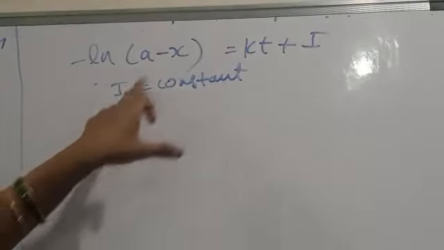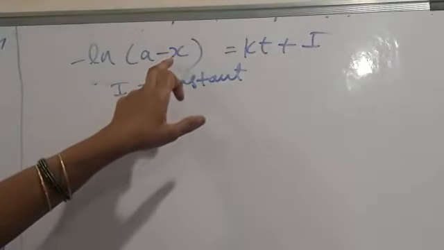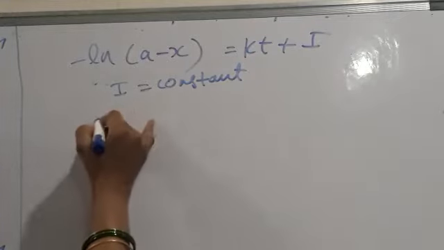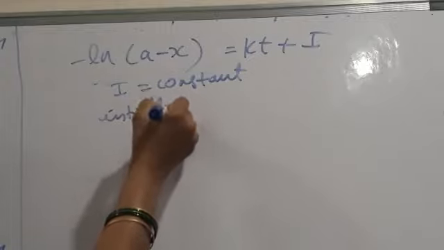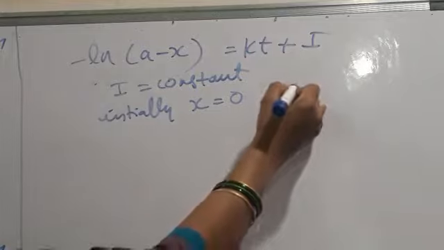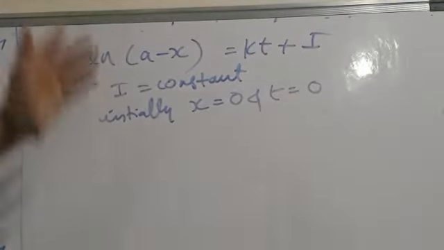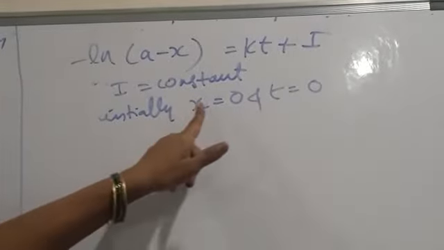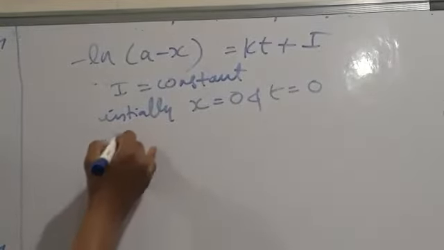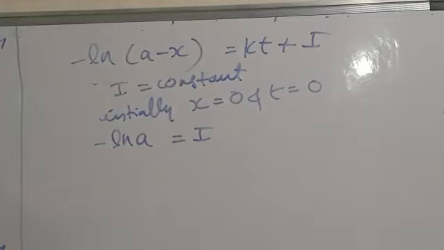So, to know the value of I, we must take the initial conditions now. So, initially x is equal to 0 and t is also 0. x is 0 and t is 0. So, by substituting x and t in this equation, we get minus ln a is equal to I. Okay.